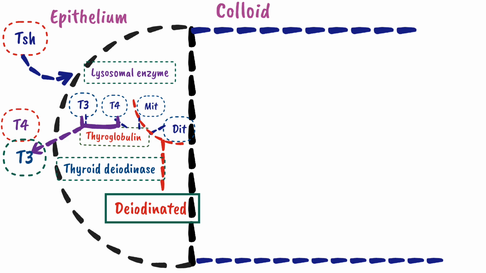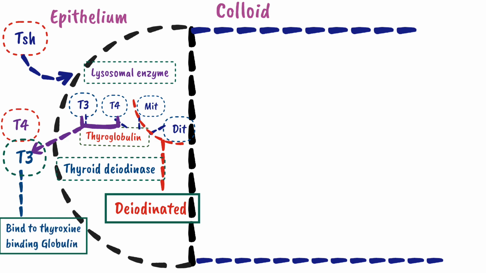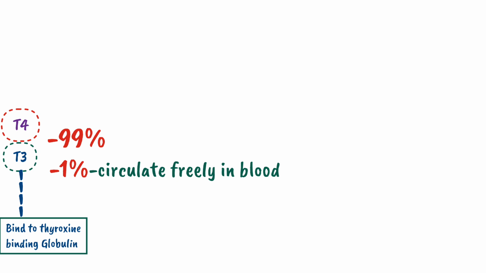The T4 and T3 which have reached the peripheral circulation will bind to the circulating thyroxine binding globulin, and circulate in the peripheral circulation bound to the thyroid binding globulin. About 99% of the T3 and T4 are bound to the thyroid binding globulin, and 1% of the T4 will circulate unbound to the TBG, called free T4.